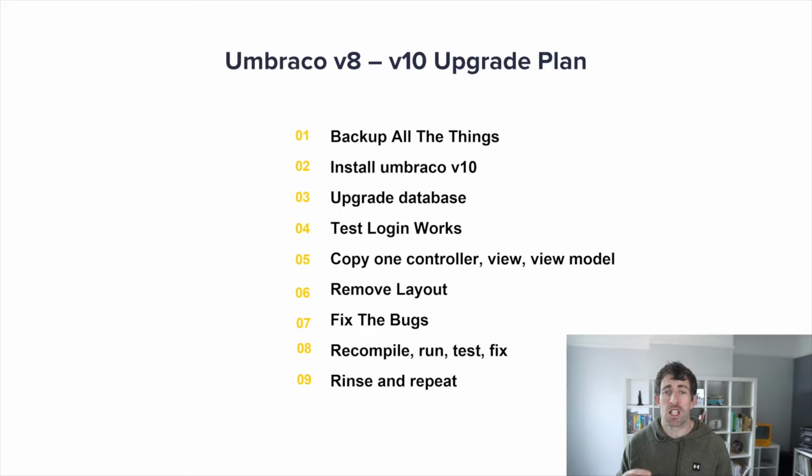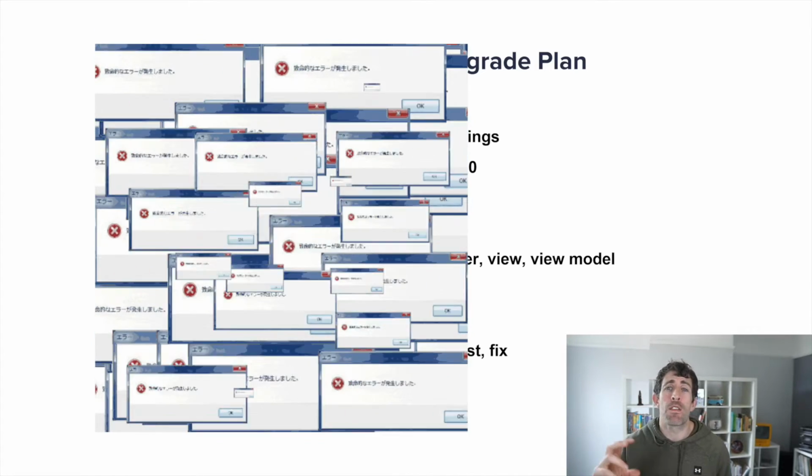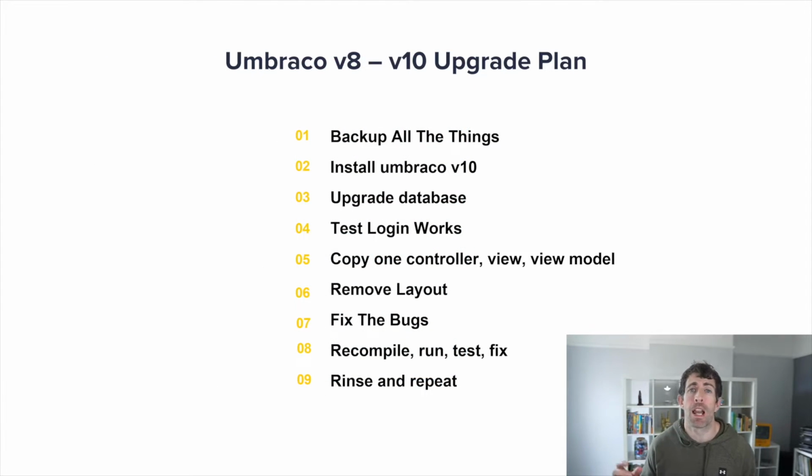So I can have a focus, fix a few problems at a time, make sure I get a page or a section working, rinse and repeat until eventually the whole site will be upgraded. And it's much easier to tackle problems a few at a time rather than be confronted with trying to upgrade everything at the same time and be hit with 5,000, 6,000 compiler errors.